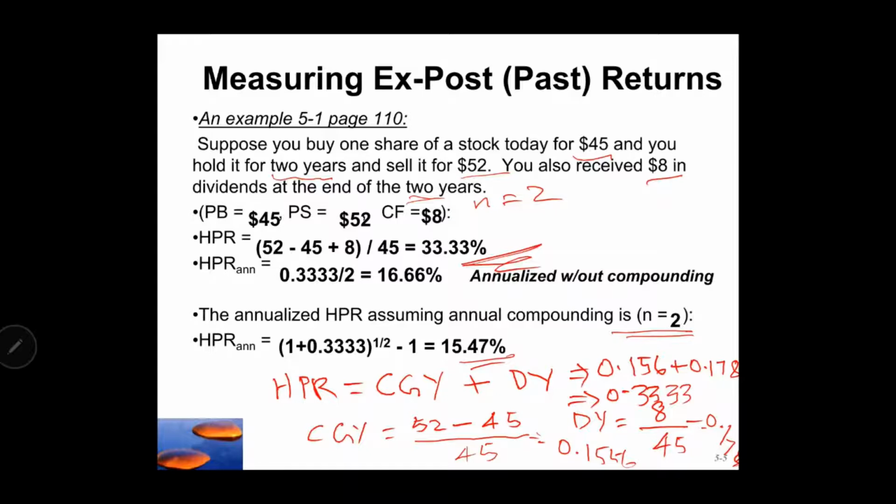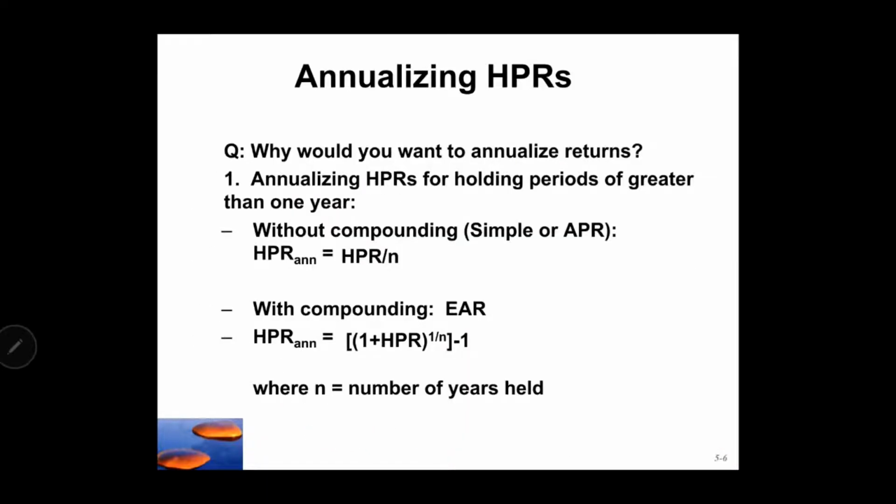Okay, so let's go into understanding annualizing HPRs. Why would you want to annualize returns? Remember that for annualizing HPRs for holding periods of greater than 1 year, without compounding we use this formula. In the previous problem with compounding, we used this formula. So this formula is what we call APR and EAR.